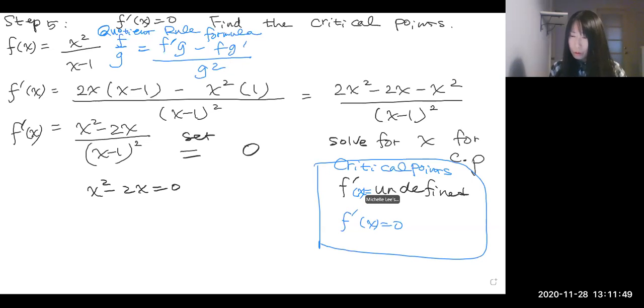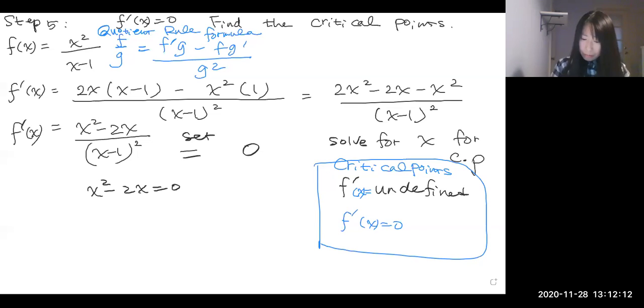So there are two cases where we can find the critical points. But in this case, looking at the denominator, it is squared, so we never get 0. So there is no place where f prime is undefined, right?